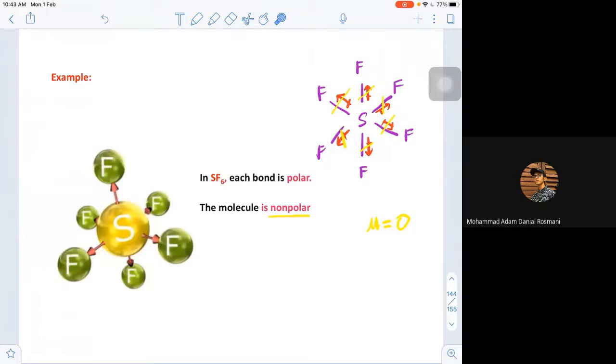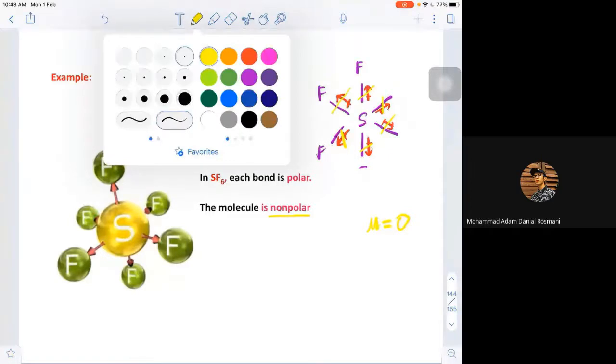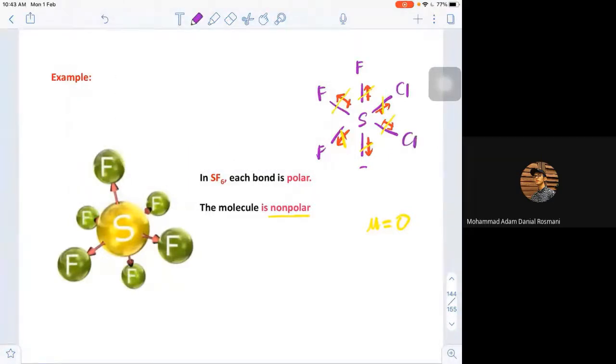It is also possible that we have different terminal atoms, a mixture of atoms. At that time, the molecule might be polar. I'll give you an example: let's say it is not fluorine, we have chlorine, for example. We have a mixture of chlorine and fluorine. So chlorine, chlorine, chlorine.